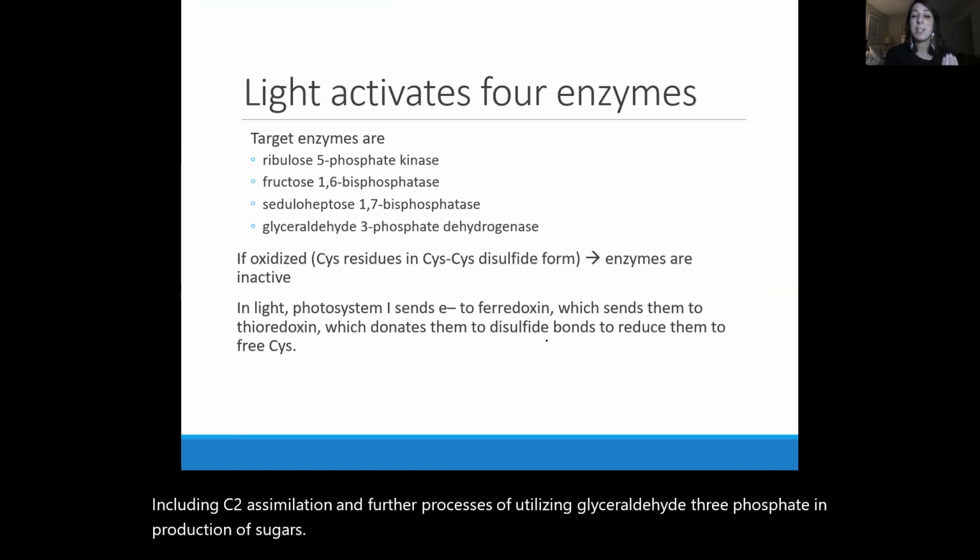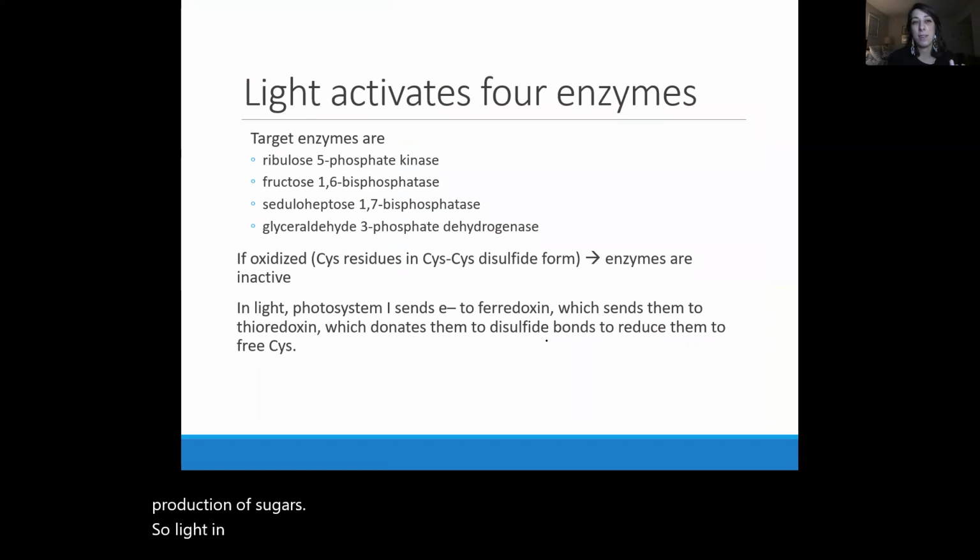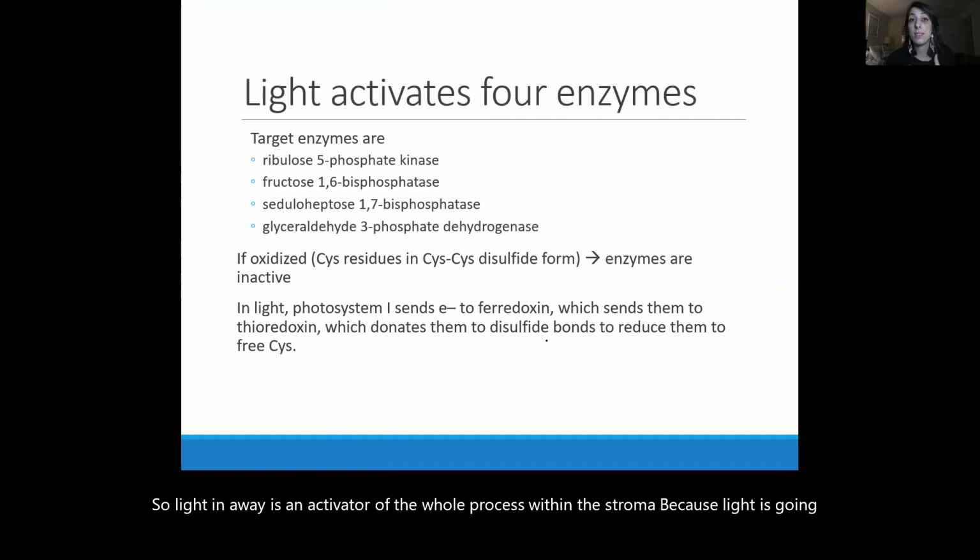So light, in a way, is an activator of the whole process within the stroma, because light is going to make it so that the conditions are correct for certain enzymes to act.